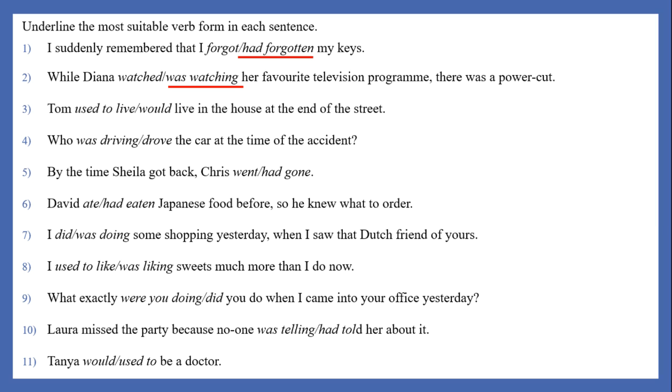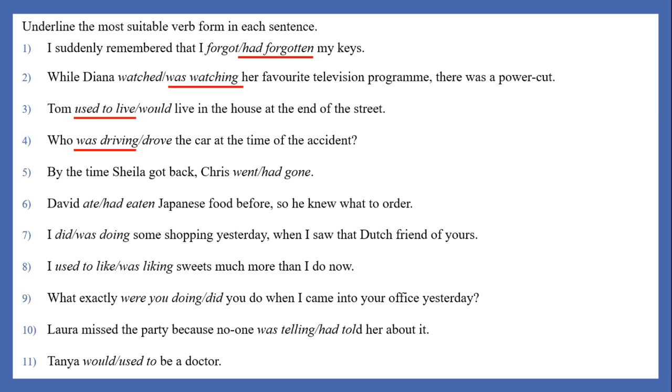Number 3. Tom used to live in the house at the end of the street. We use used to in here and not would, because live in this sentence is a non-action verb, and we can only use used to here, not would. Number 4. Who was driving the car at the time of the accident?